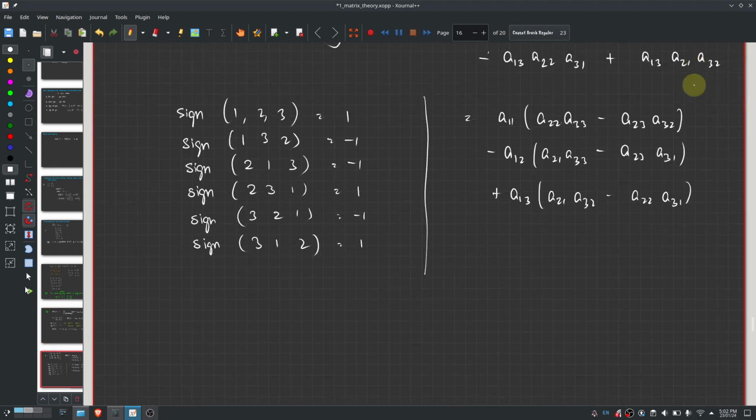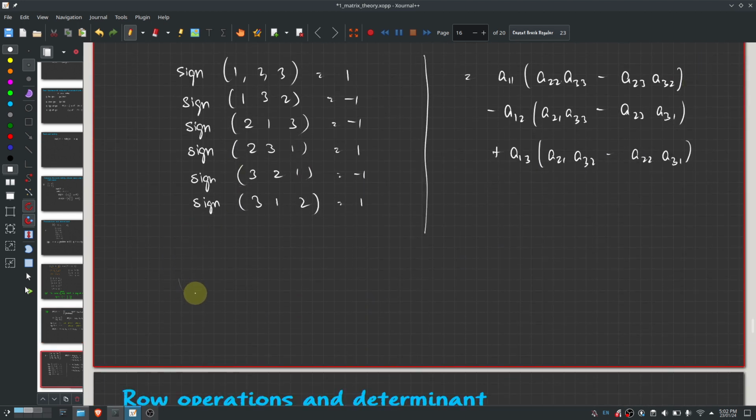So the computational complexity equals some constant times n factorial times n, which is prohibitively large.